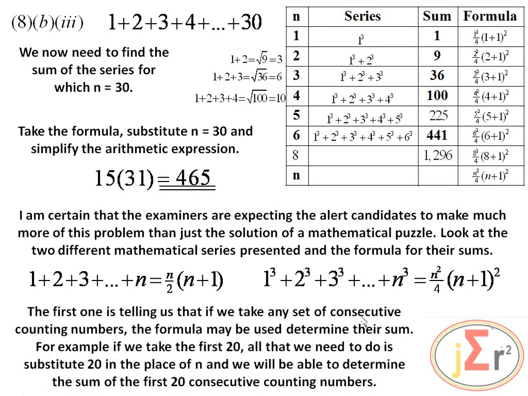The first one is telling us that if we take any set of consecutive counting numbers, the formula may be used to determine their sum. So this is the consecutive counting numbers, and this formula is used in order to determine their sum.